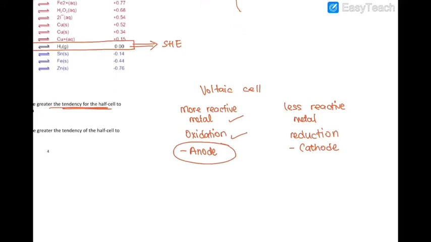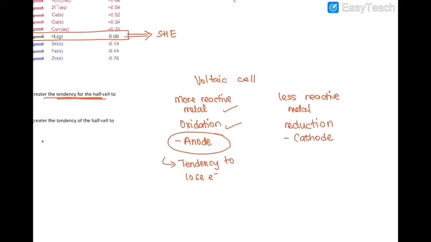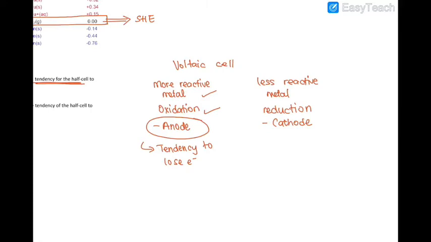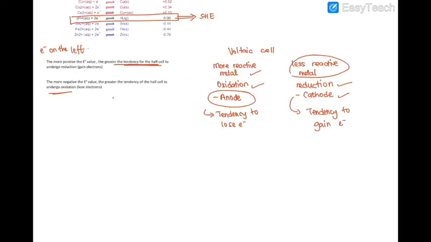So at the anode you have oxidation, which means that there is a tendency to lose electrons. The less reactive metal is going to undergo reduction. This is going to be the cathode, which means that there's going to be more tendency to gain electrons.